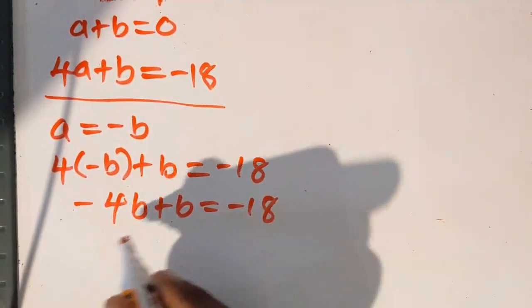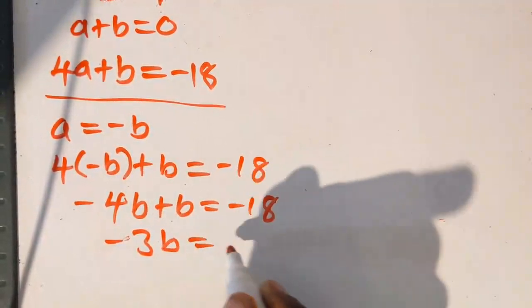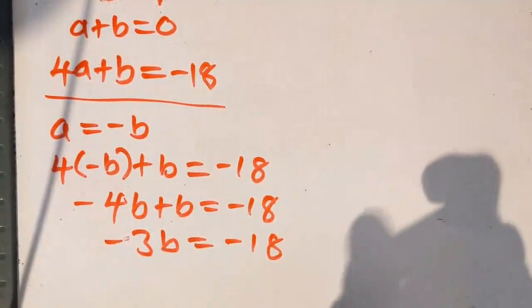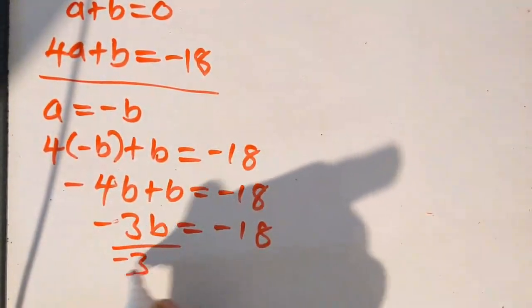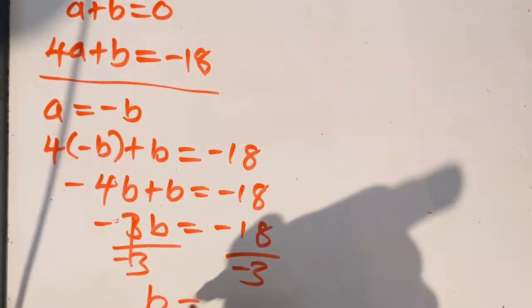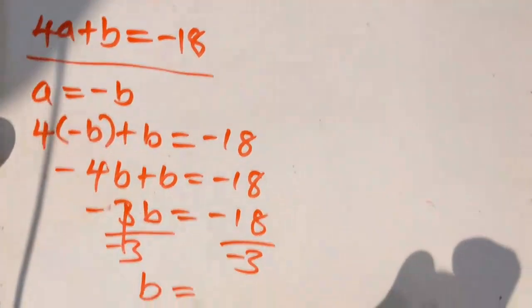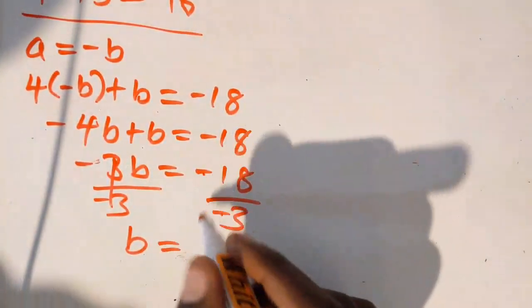Then this is going to give you negative 3b equal to negative 18. Then when you divide both sides by negative 3, you're going to have b as negative into negative, it's positive.